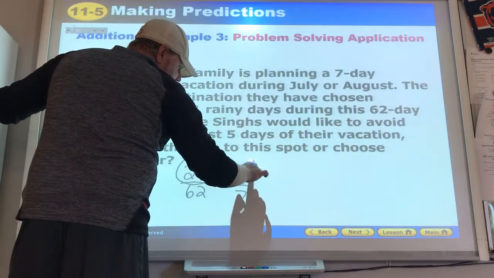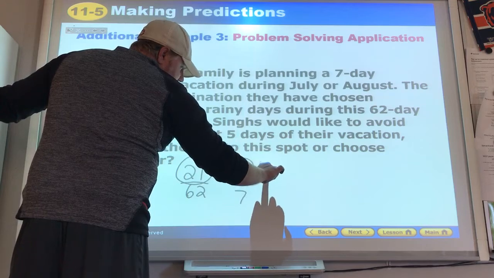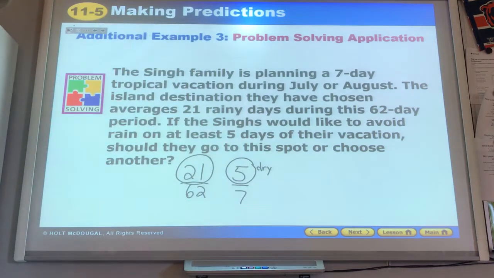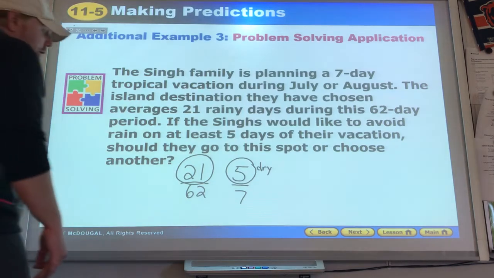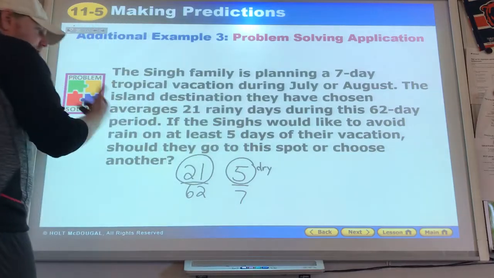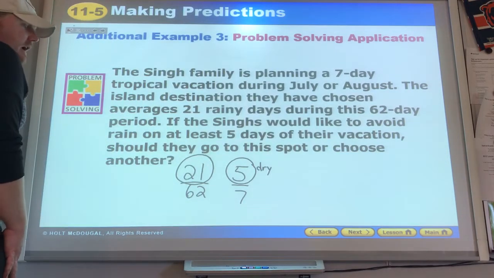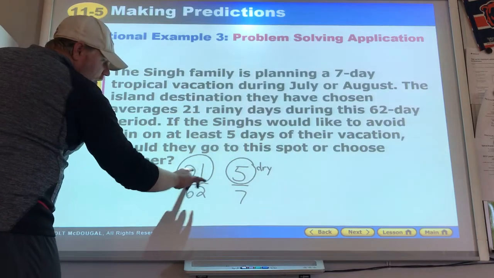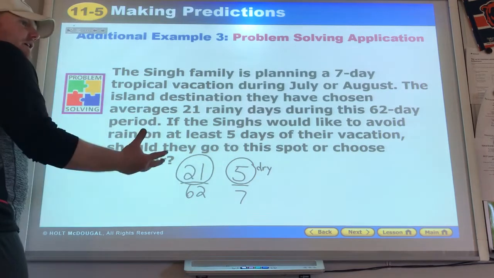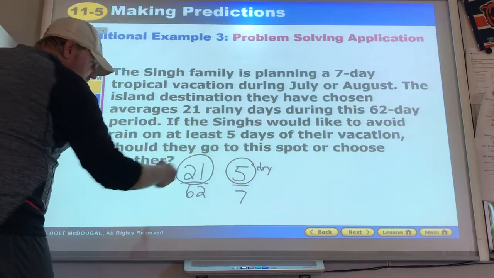This is the number of days they want dry. So we're not comparing the same thing, okay? What we should compare is the number of days that are wet or the number of days that are dry. If this many days are wet, how many days are dry? Oh, if these are wet, the other option is dry.